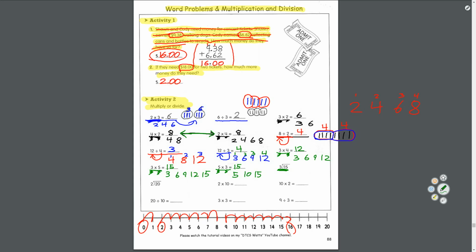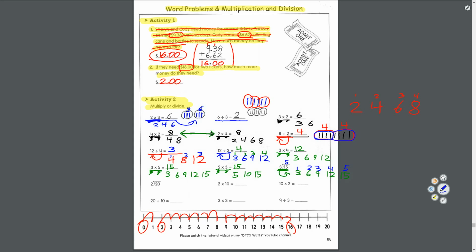So we're still asking, how many times does 3 go into 15? 3, 6, 9, 12, 15. How many times did I skip count? 1, 2, 3, 4, 5 times. And your answer goes on top right here in the ones place. 15 divided by 3 equals 5.